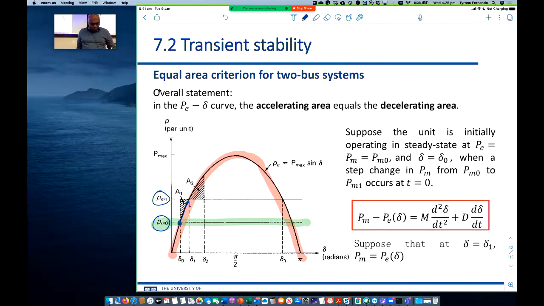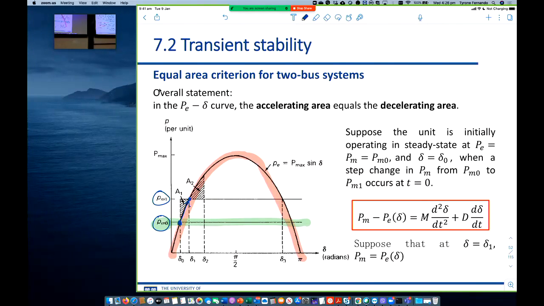According to our thinking, this should be our new operating point. But why doesn't it go from the first blue dotted line, move up slowly, and stop at the second dotted line? Why doesn't it do that?